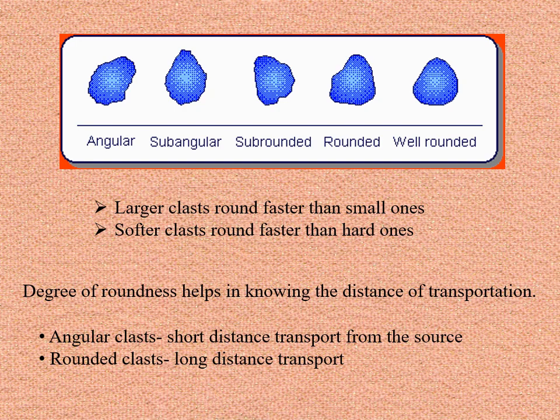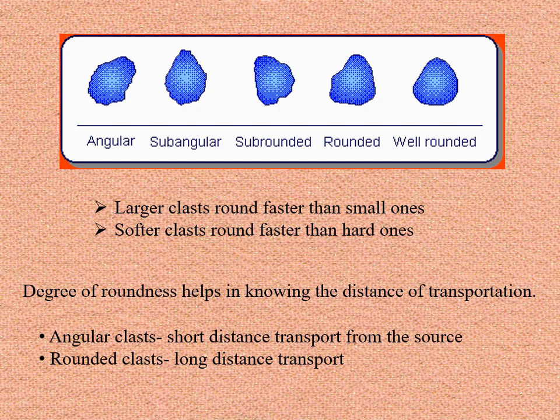During transportation, when grains collide with each other or with the bottom substrate, there is a very pronounced chance that this grain will split along the cleavage planes, such as feldspar or calcite. Those have very pronounced two or three sets of cleavage, so they have a chance to break along the cleavage planes. So chances of being rounded become smaller.